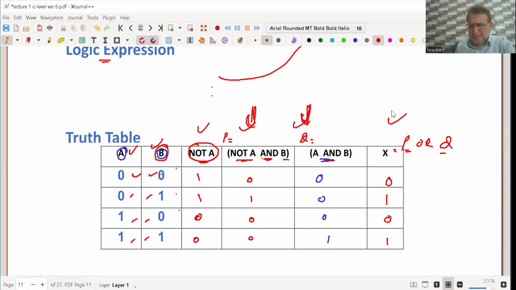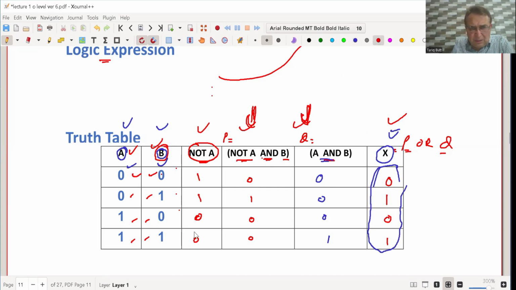But just for the sake of understanding, let me extend this example. For instance, if you are given the truth table, actually these are the inputs A and B. These are the inputs of the logic circuit, and this is the final output of the circuit.